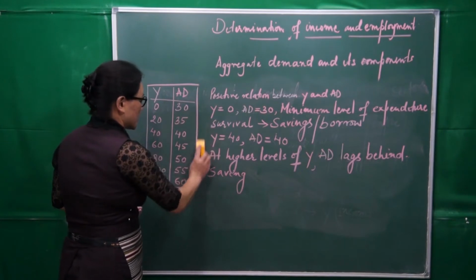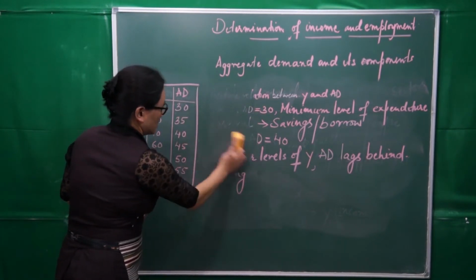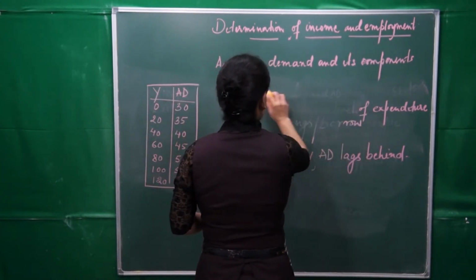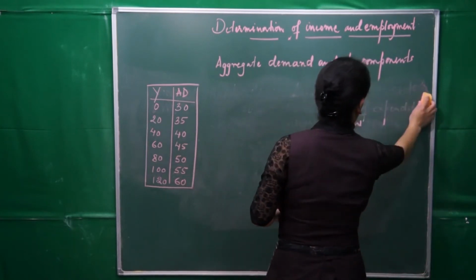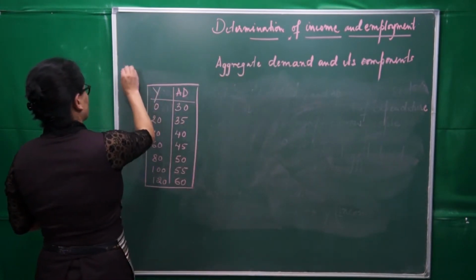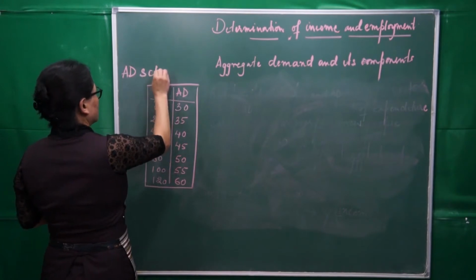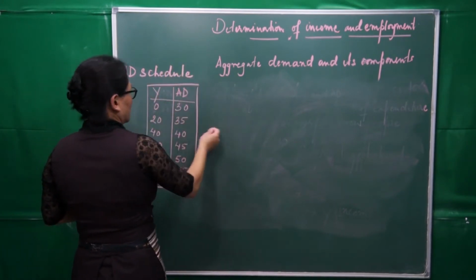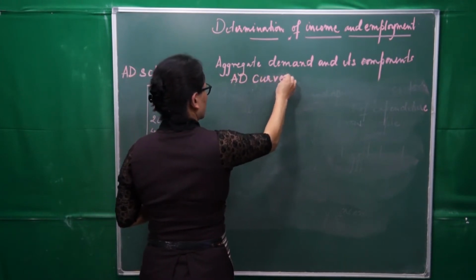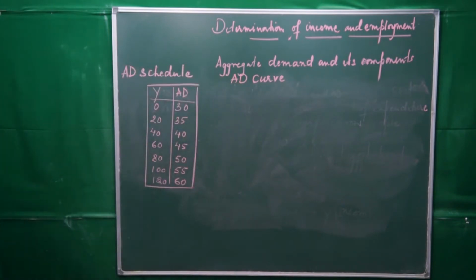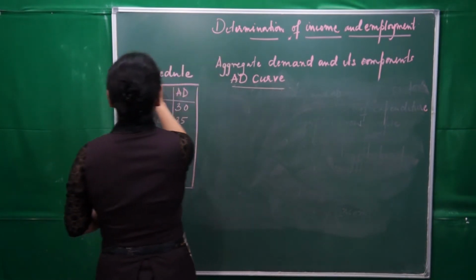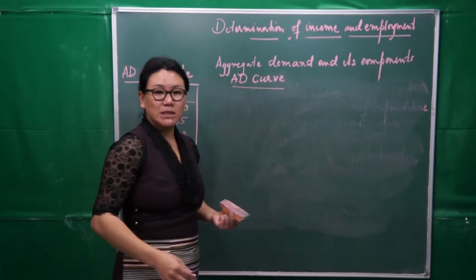So the next topic is the aggregate demand curve. Now, what is this AD curve?